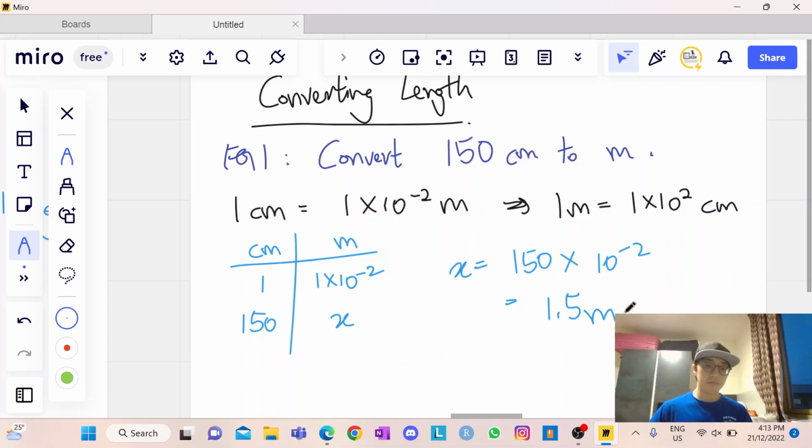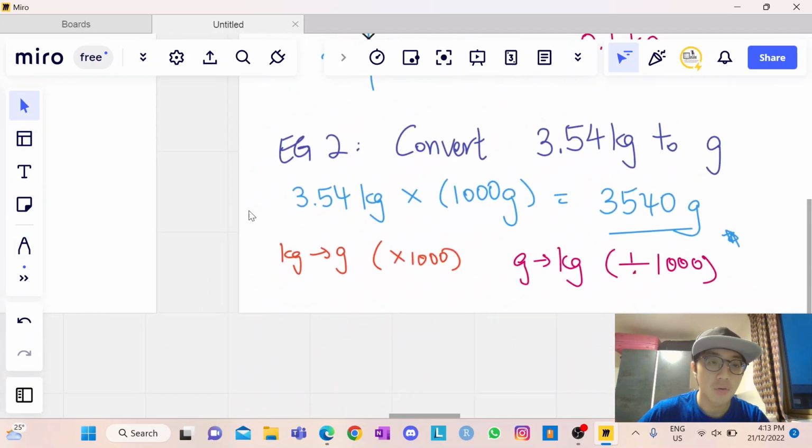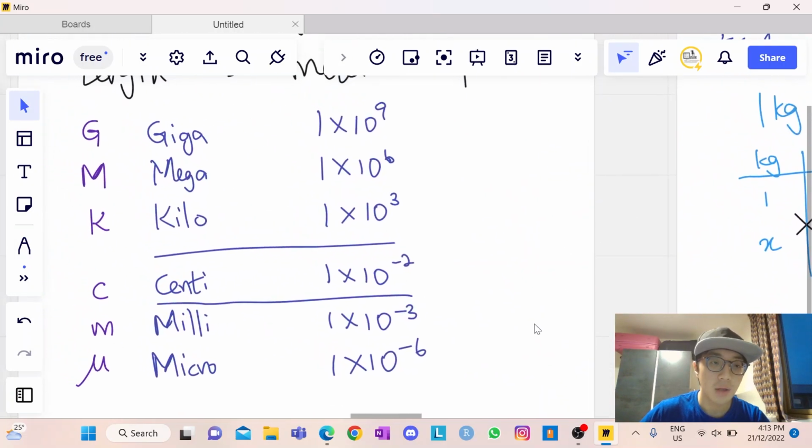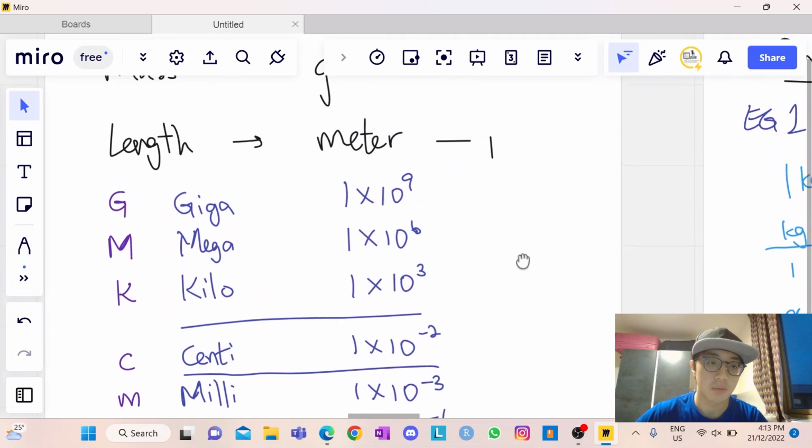Okay, it's just that simple. And you can write the 1 here and the 1 times 10 to the power of 2 right there, and you will get the same answer. So the important thing is how you remember and interpret this table right here.